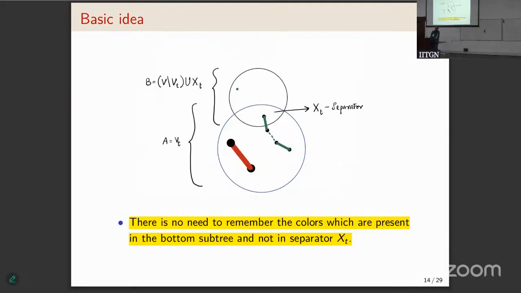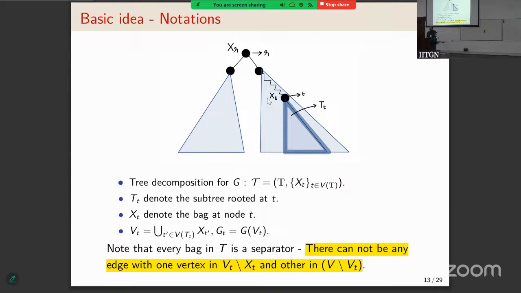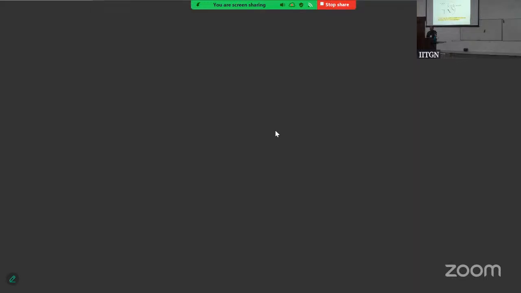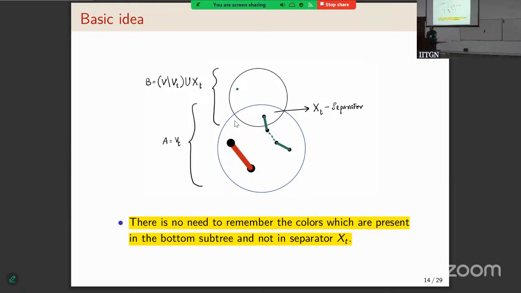The basic idea of this bottom-up DP is as follows. I'm considering the case of a valid coloring, and I want to find the optimal number of colors. One important observation: consider the red colored edge here, which appears in A minus X_t. Given this vertex set V_t of T_2, and B is the rest of the graph, and this bag X_t at a particular node in the tree decomposition constitutes the separator.